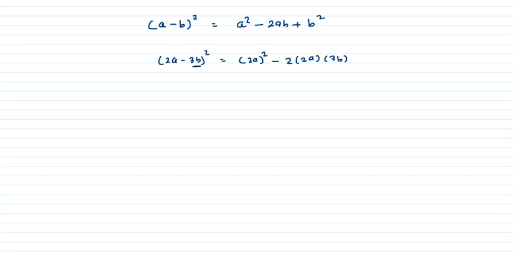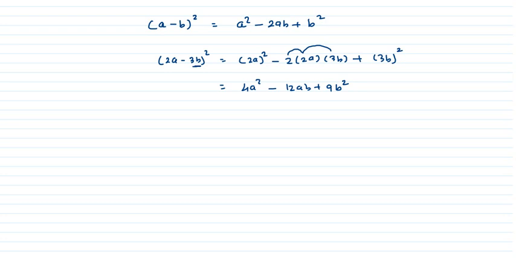Then plus second term square, that means 3b whole square. So 2a square means 4a square, minus 2 twos are 4, 4 threes are 12, 12ab, plus 9b square. 3b square means 3 square is 9, b square. So this is your a minus b whole square. This is again very important and very easy.